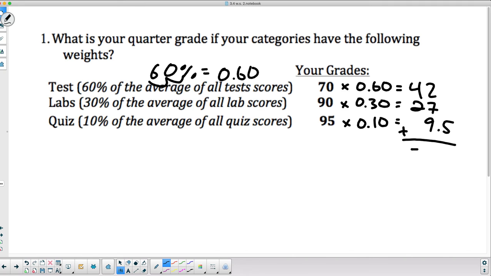And what I get then is 78.5%. Okay? And that's how you do a weighted average. You take your score times whatever the percentage of that is, score times percentage, and then you simply add them up. Okay. All right. Good luck. Hope that helps.